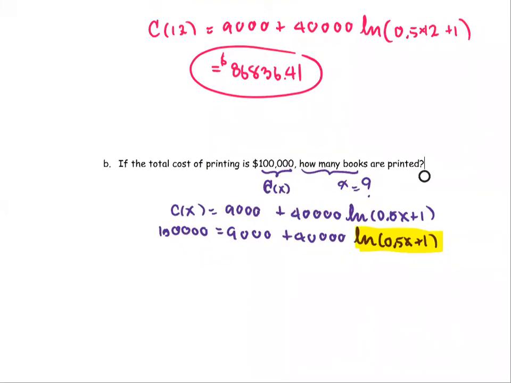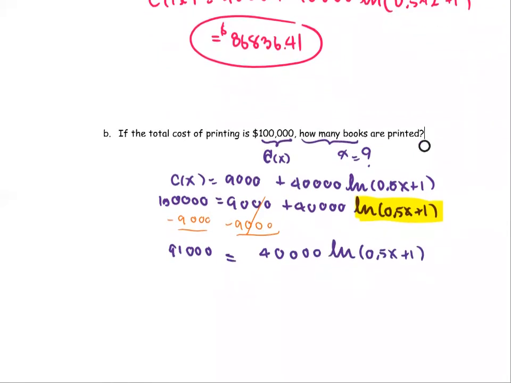First, we're going to subtract both sides by 9,000. The left-hand side becomes 91,000 equals 40,000 multiplied by log of 0.5x plus 1.